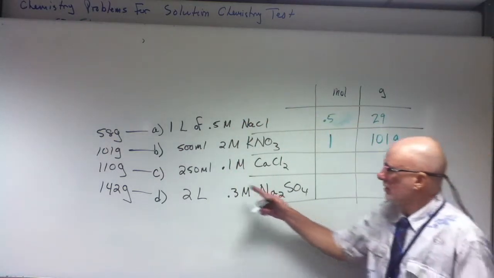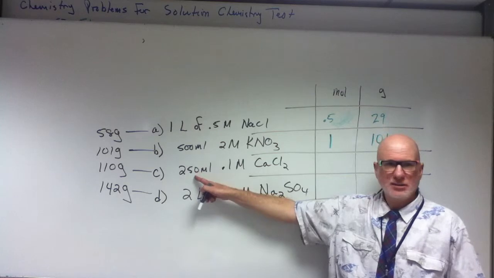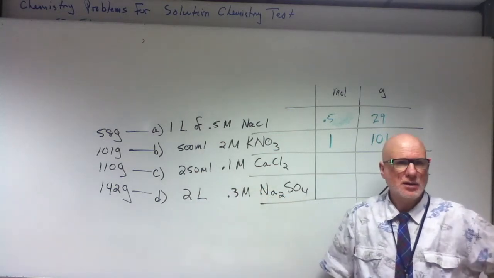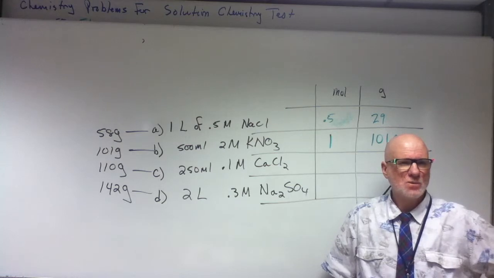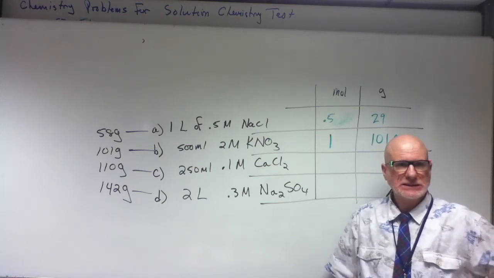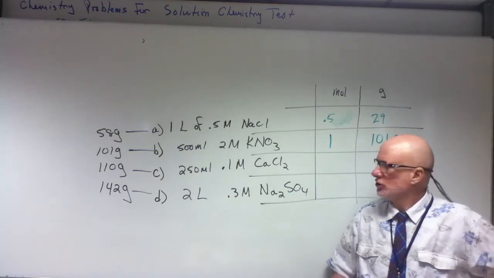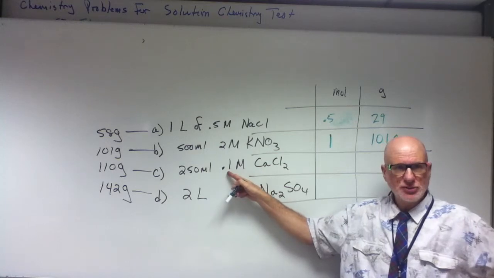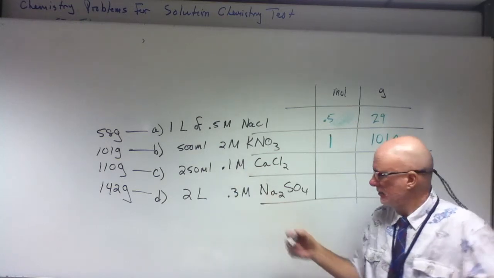What about this one? 250 milliliters of a 0.1 molar solution. So this is 0.1 moles in 1,000, right?